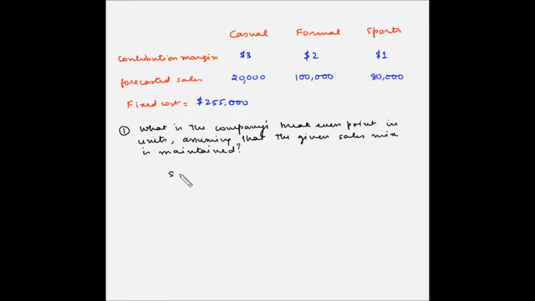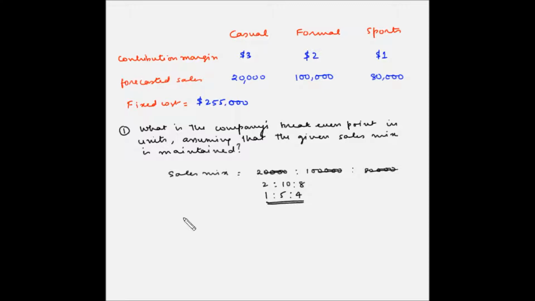So the given sales mix is 20,000 is to 100,000 is to 80,000, which is nothing but, we can cancel these 4 zeros in each of these numbers, so 2 is to 10 is to 8, and then we can divide each of these by 2. So we get 1 is to 5 is to 4. So this is the sales mix of these three products.